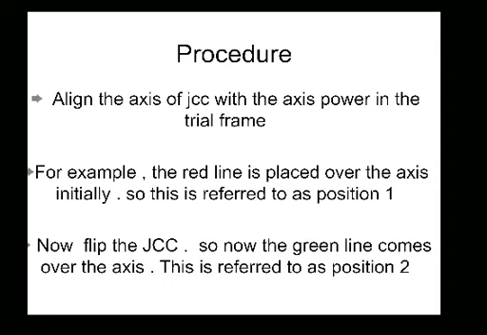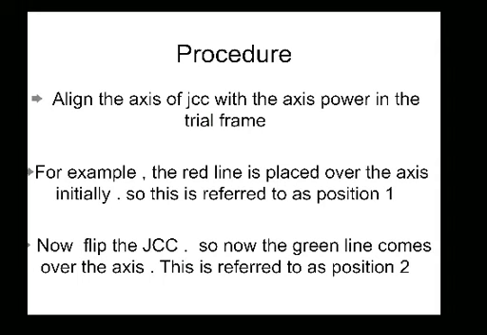Now the procedure of verification of the power. First we have to align the axis of the JCC with the cylinder axis in the trial frame. For example, the red line of the JCC is placed over the axis of the cylinder initially, and this is referred to as position 1. Now flip the JCC.